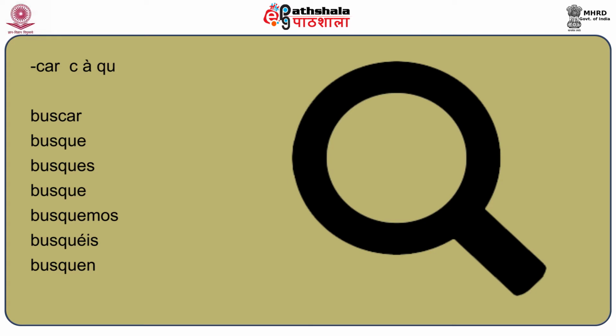The following spelling changes occur in all forms of the present subjunctive with verbs whose infinitives end in car, gar, and zar. For the endings of car, the C changes into QU, as in the example of the verb buscar, which means to search.